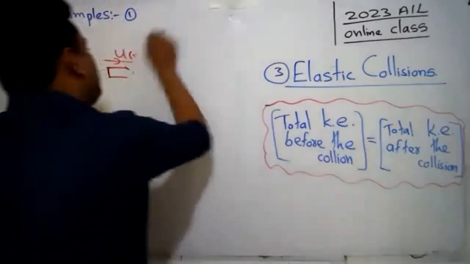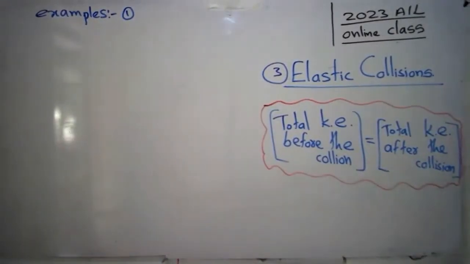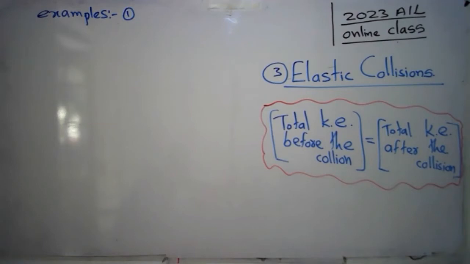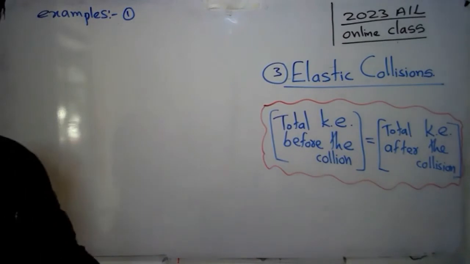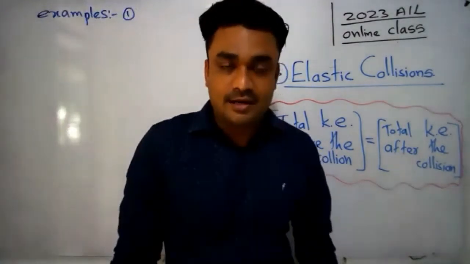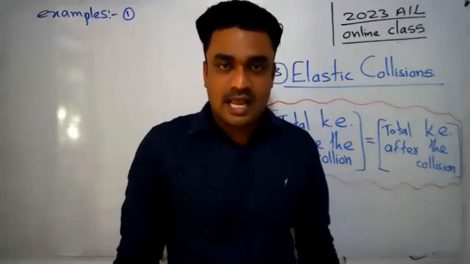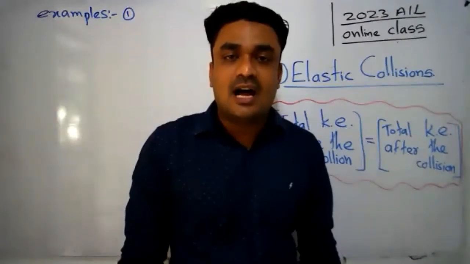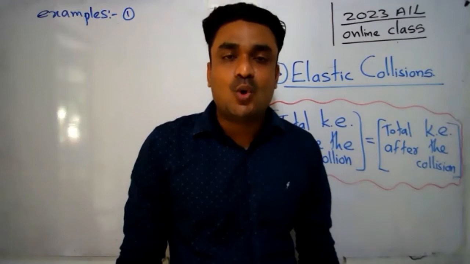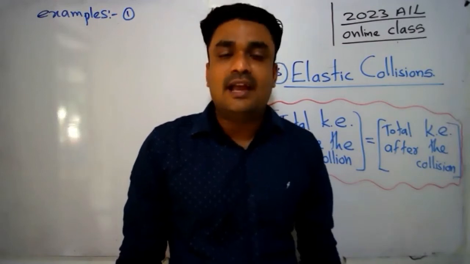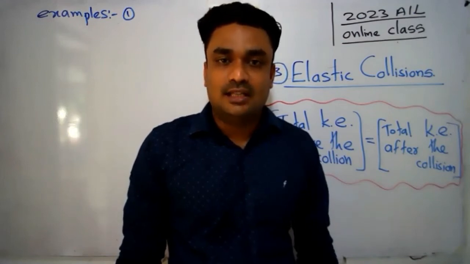Two trolleys travel along the same path into the same direction, and they collide as an elastic collision as shown in the following figure.